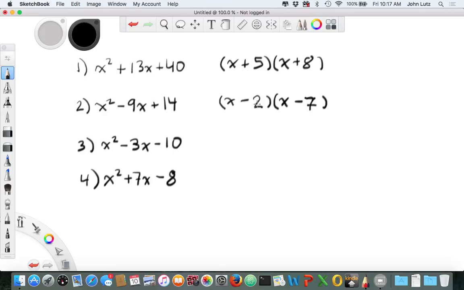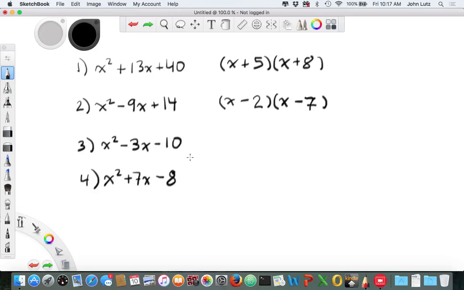Negative 7 times negative 2 is positive 14. Negative 7 plus negative 2 is negative 9. But the main thing to remember is we're talking about the signs. These two signs match because of the pluses.